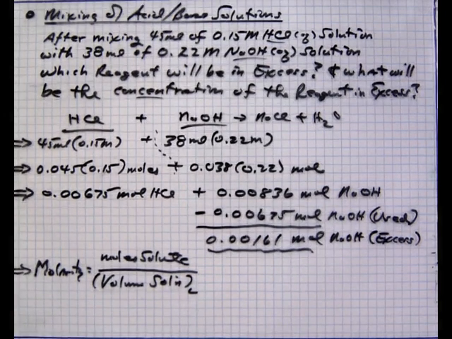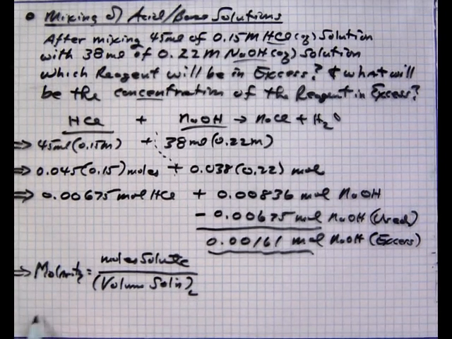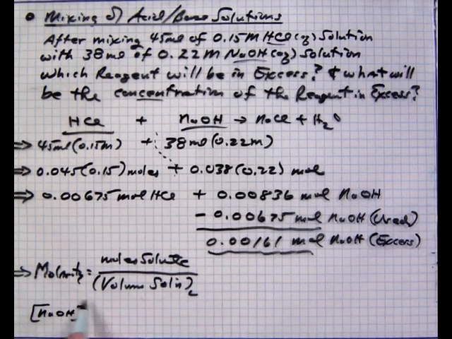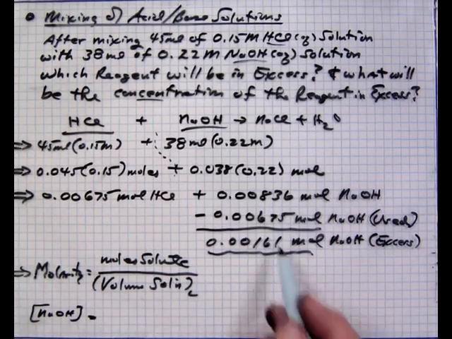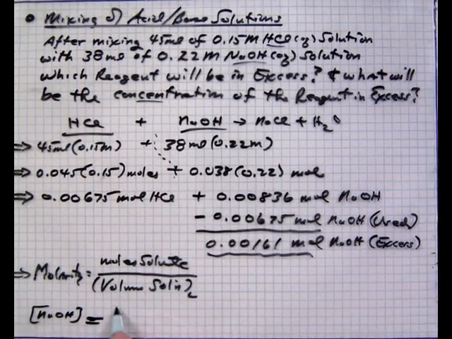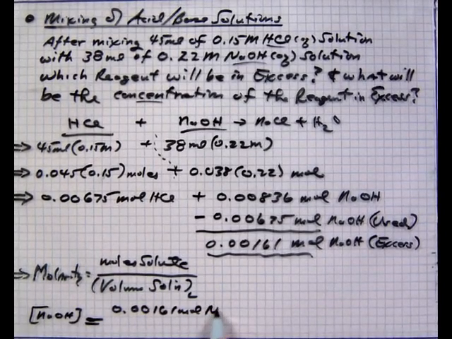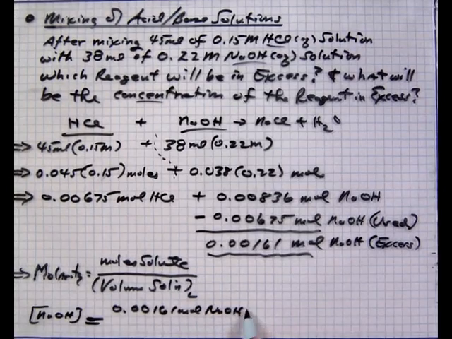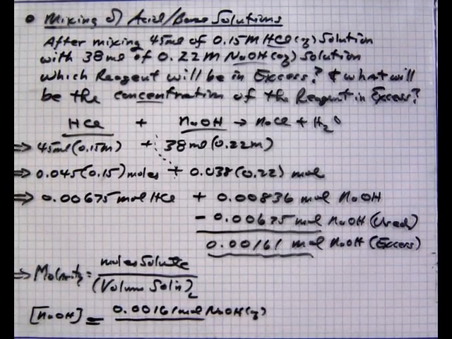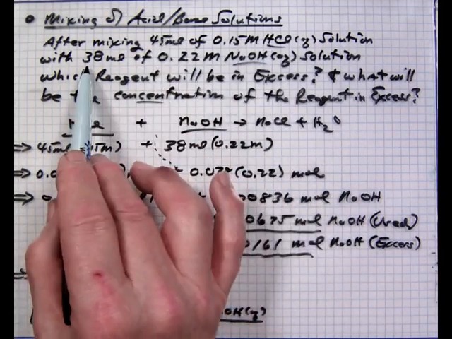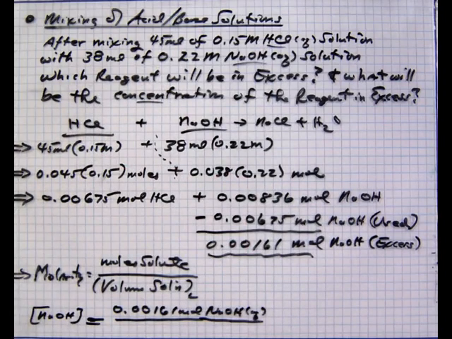So in this calculation, we simply have the concentration, brackets NaOH, which means molar concentration. The moles of solute, which is 0.00161 mole of solute, divided by the mix, which is 45 milliliters of HCl solution and 38 milliliters of base solution.